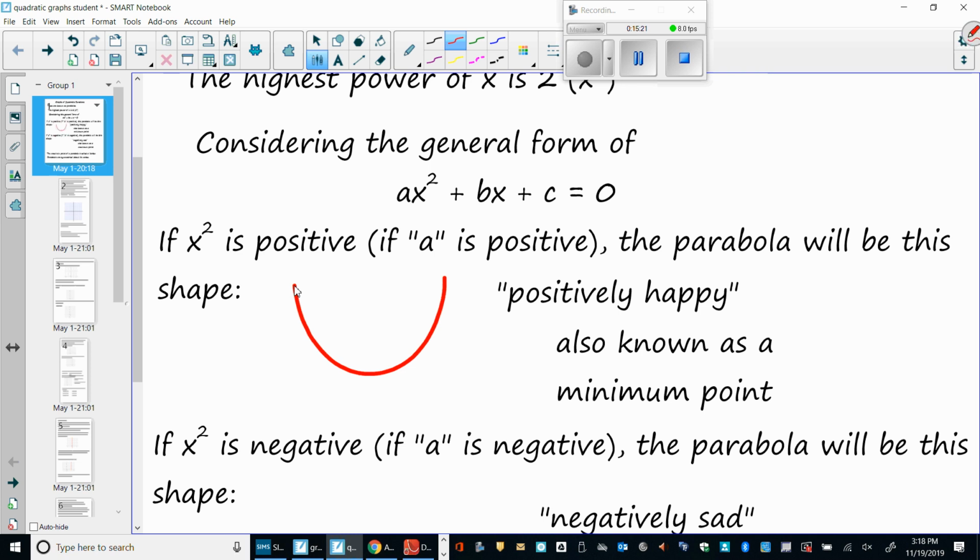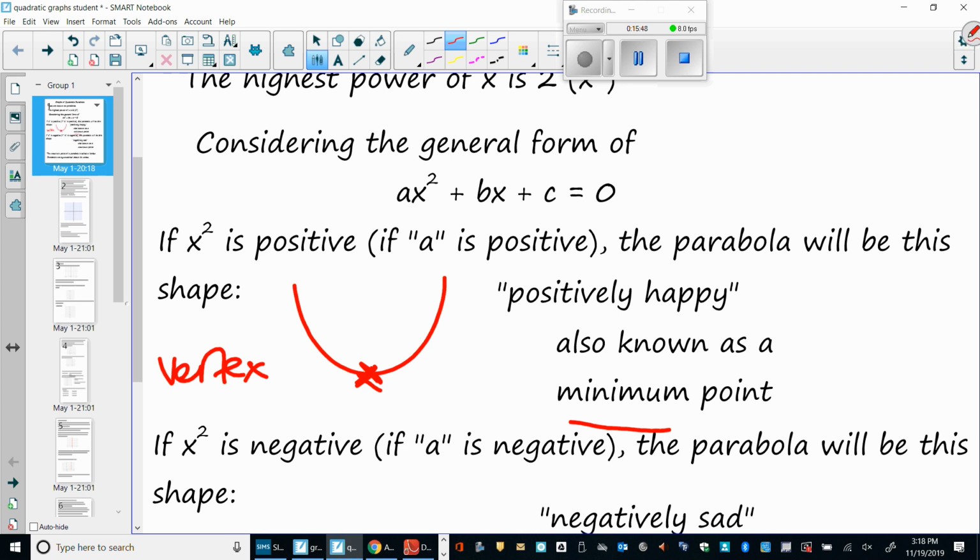This point here is known as the vertex. In this case, that would be a minimum point, which makes sense because it goes down and that's the lowest place that we can see it goes to. So that's the vertex, and it's known as a minimum point for a positively happy parabola.